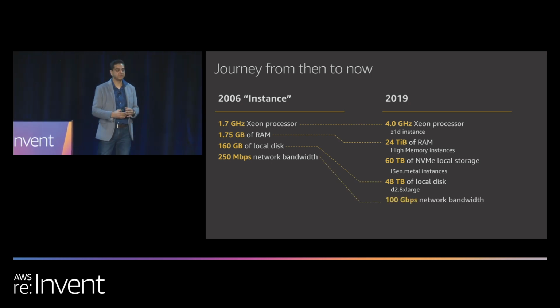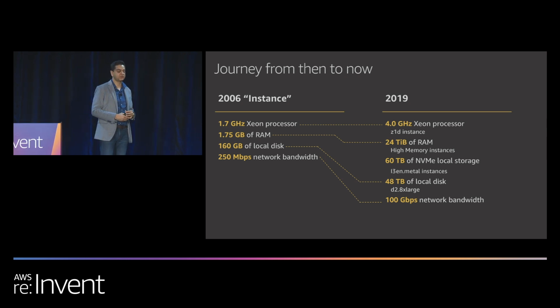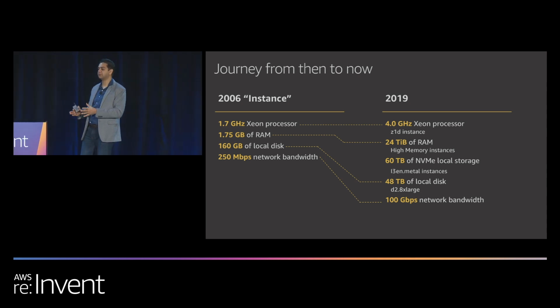So today, as we speak, we have instances that go up to 4 gigahertz of clock frequency in the form of our Z1D instances. We have instances that offer up to 24 terabytes of instance memory.